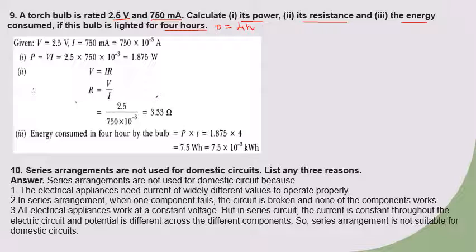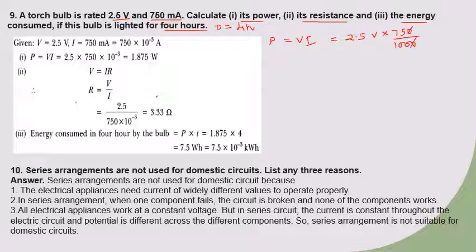The power is V into I, because voltage is given, so I'll consider this formula, P = V × I. 2.5 is the voltage, and the current is given in milliampere, so we have to convert milliampere into ampere. So it will be 750 divided by 1000.